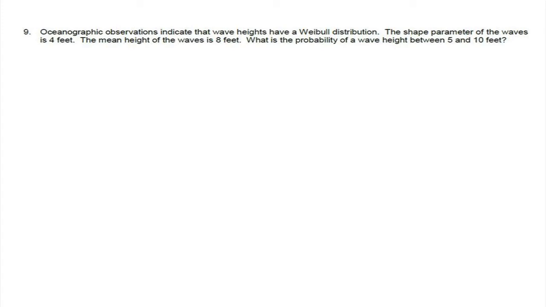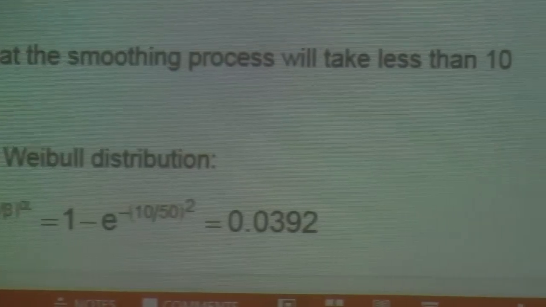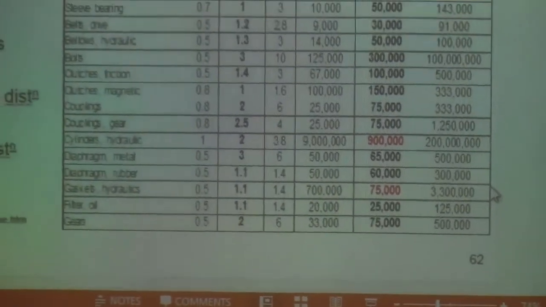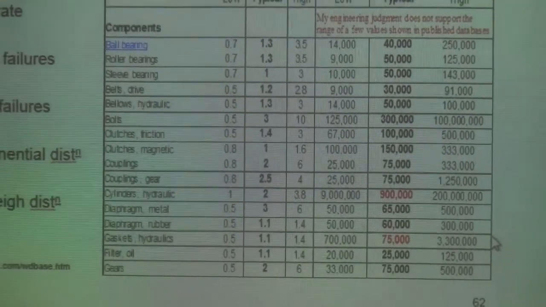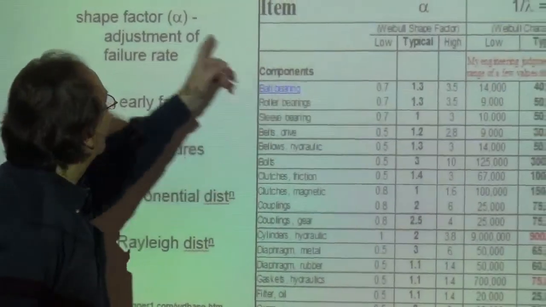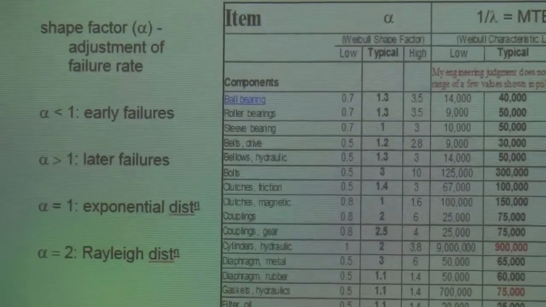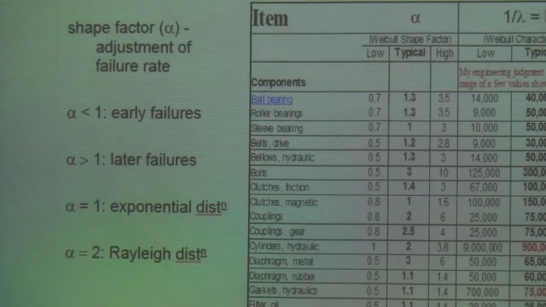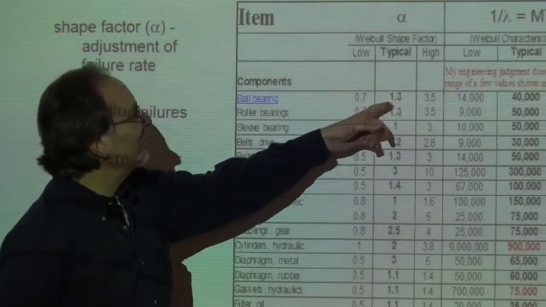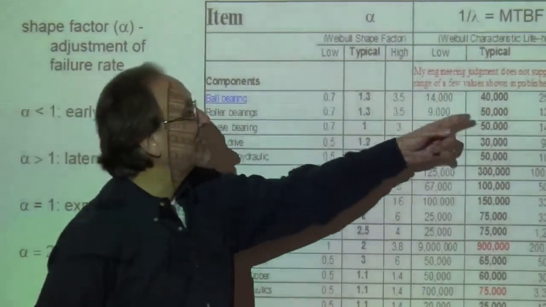It's not a very informative one. Because with the Weibull distribution, like I said, the way to think about it is in terms of when the failures will occur in the bathtub curve. And you really can only adjust the failure rate, the alpha, the shape factor, from empirical data. And even then it has a range. They give ranges for the shape factor, and they also give ranges for the MTBF.